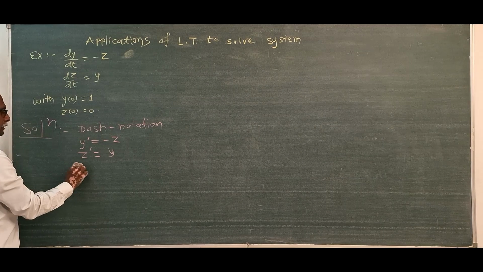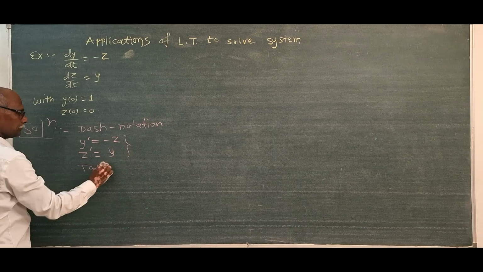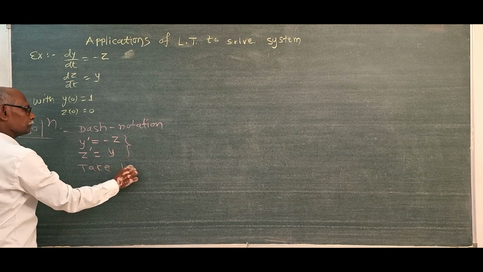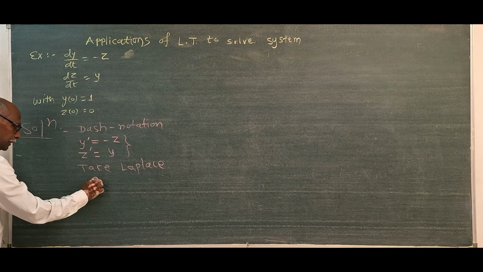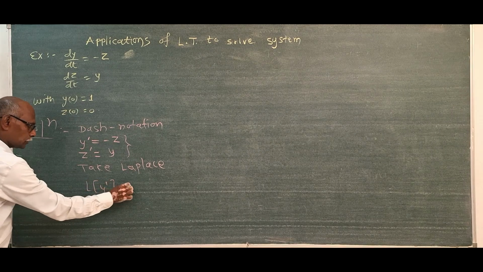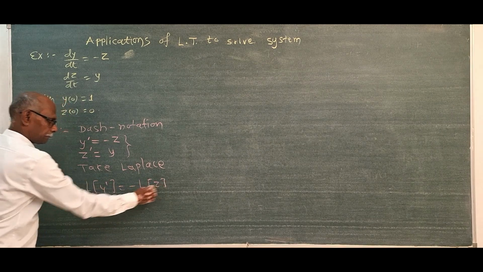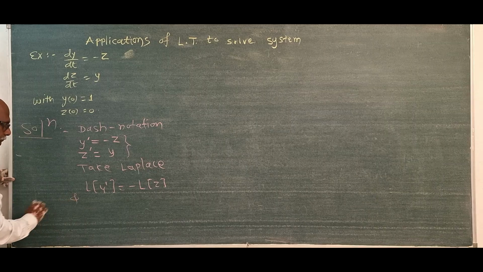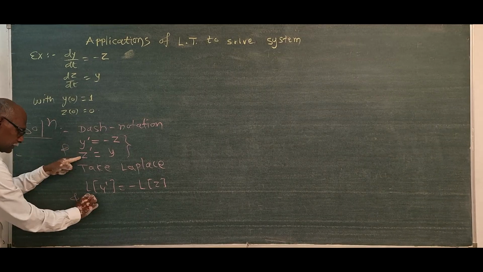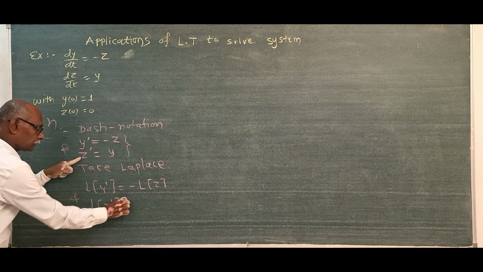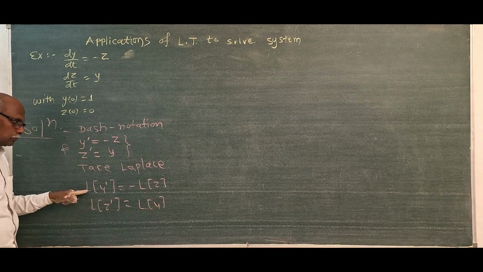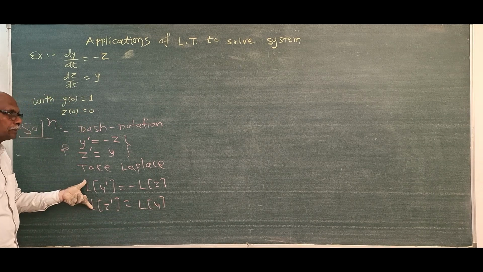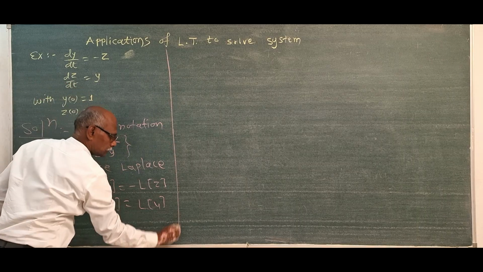If you take Laplace on both sides, we get L of y dash is equal to minus L of z, and L of z dash is equal to L of y. So together we can write it like this.